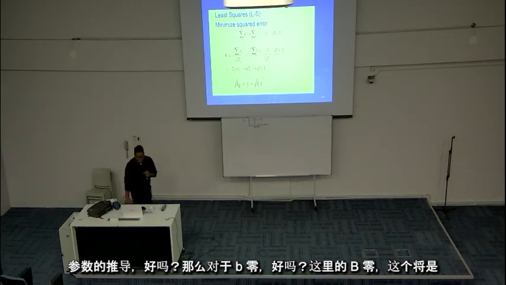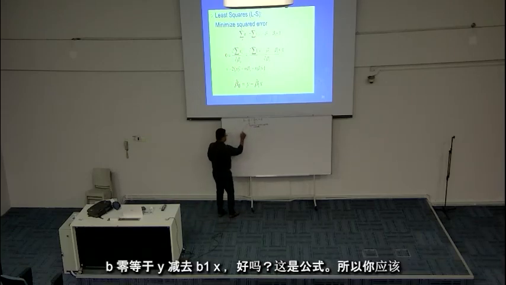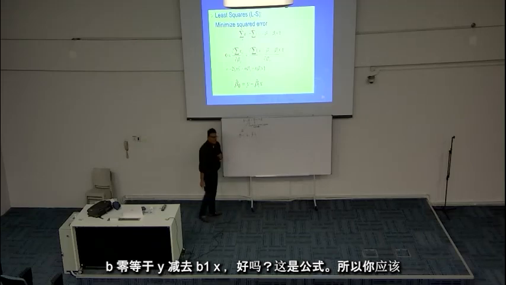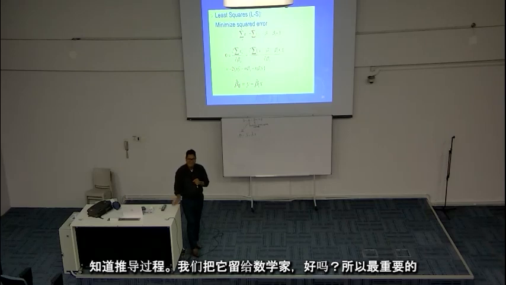So for the B naught, B naught is equal to y bar minus B1 x bar. This is the formula, so you should know the derivation. Derivation, we leave it to the mathematician.